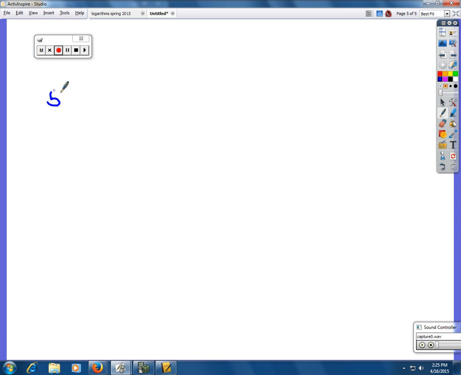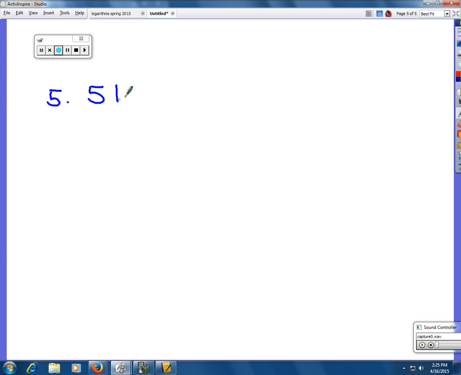Number 5. 5 log base 6 of w plus log base 6 of x. And we're told to condense. So the properties we would use to condense this would be the product property and the power property. I'm going to start with the power property. You just take that 5 and make it the exponent of the w.